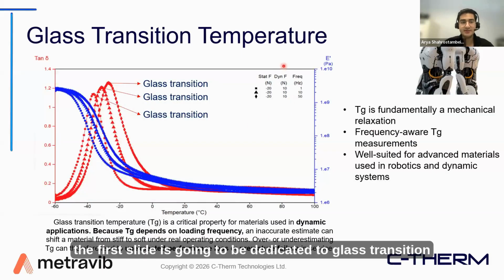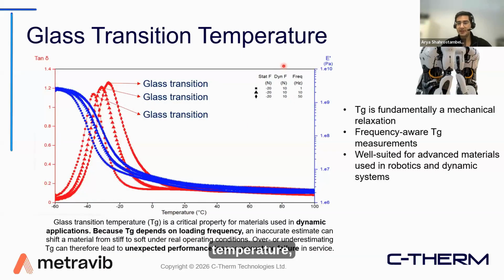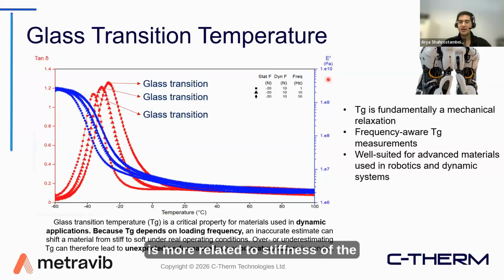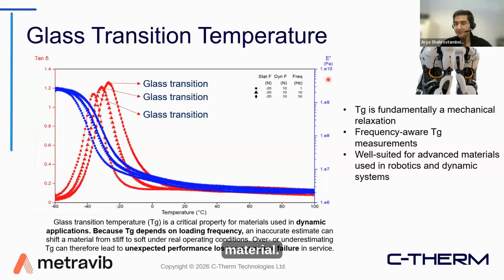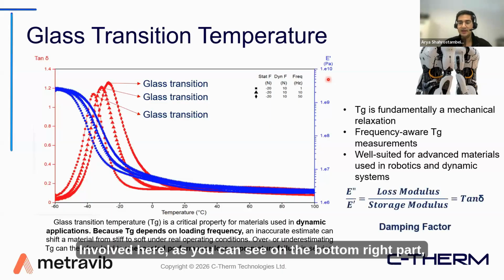So the first slide is going to be dedicated to glass transition temperature. And as you can see here on the right axis, we have E prime, which is elastic modulus and is more related to stiffness of the material. And for the next step, I'm going to show you the formula that elastic modulus is involved in here.